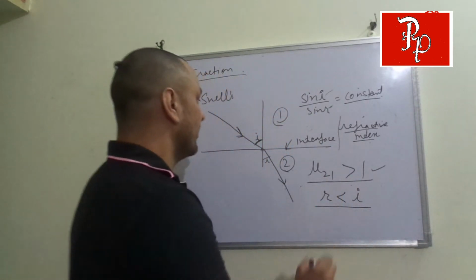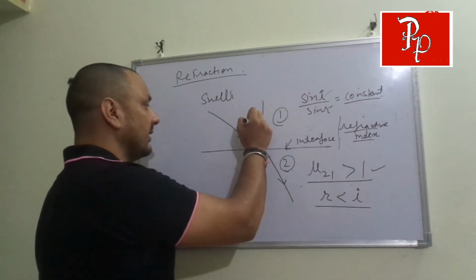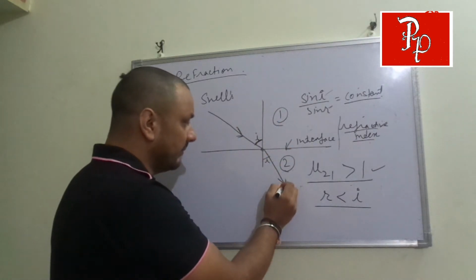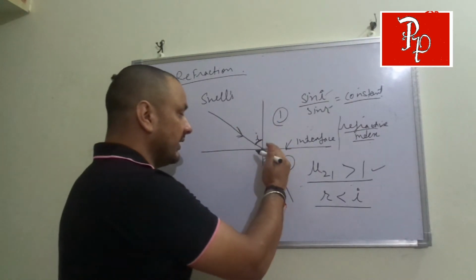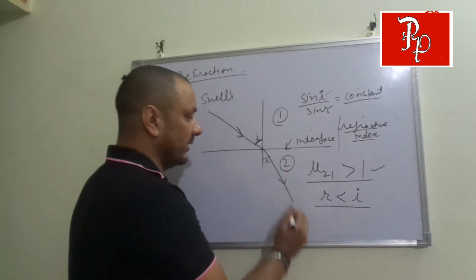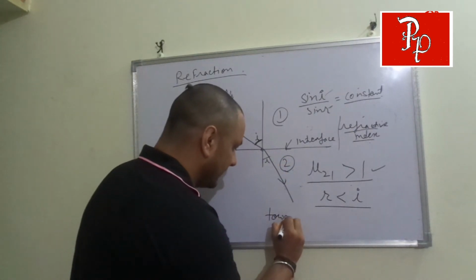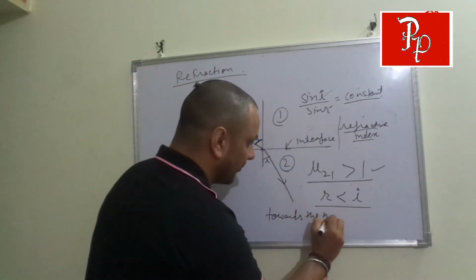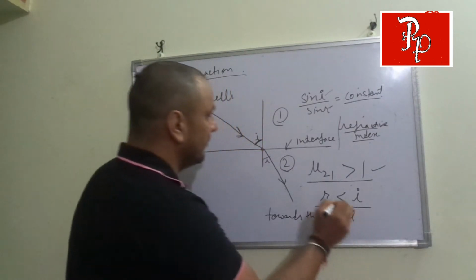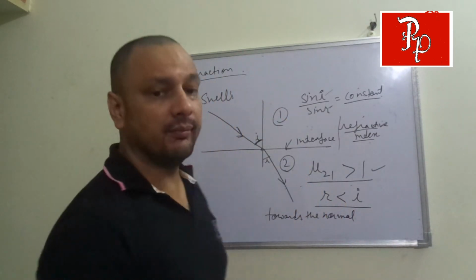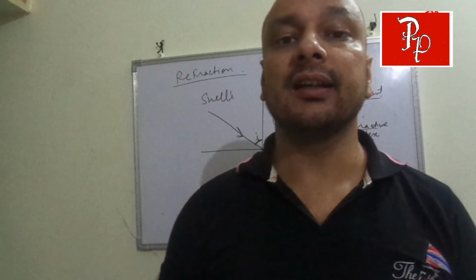It means when a light ray goes from rare medium to denser medium, it will deviate towards the normal. It means medium 2 is much denser than medium 1. That is, light is going from rare to denser medium.